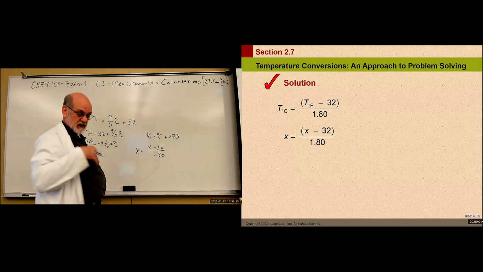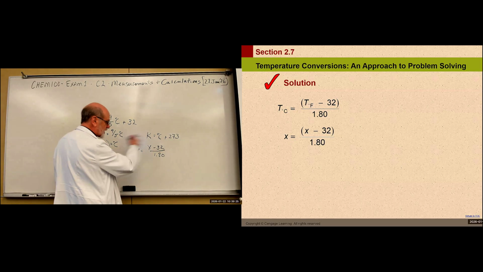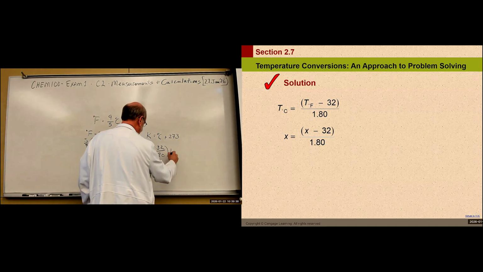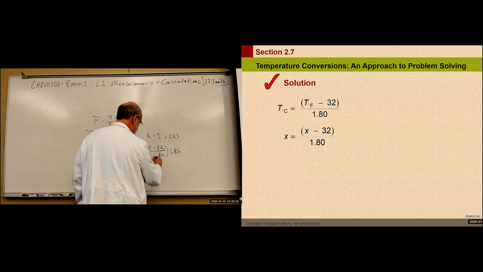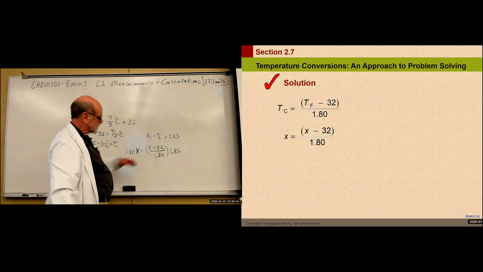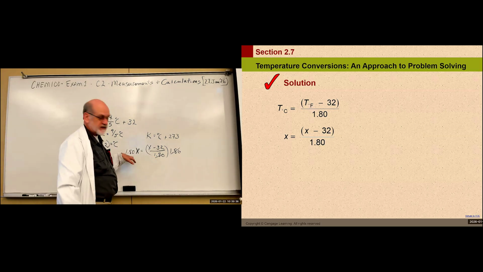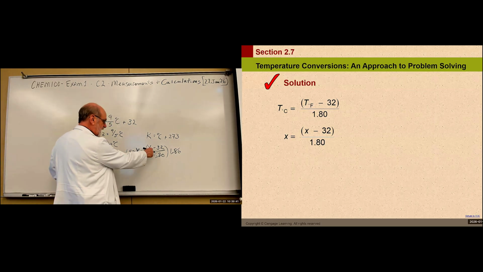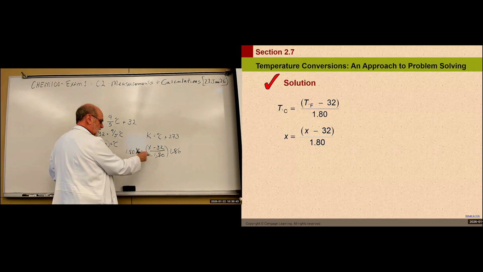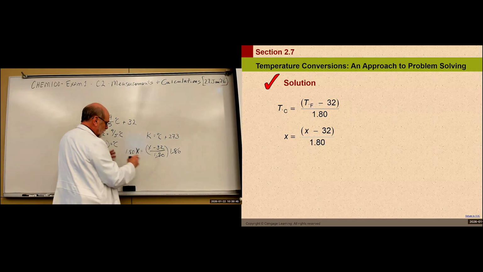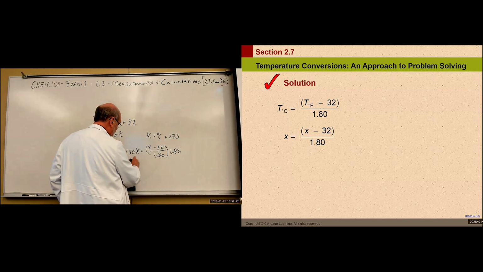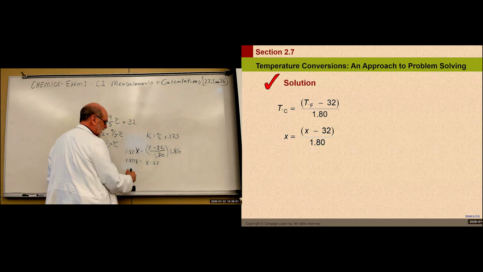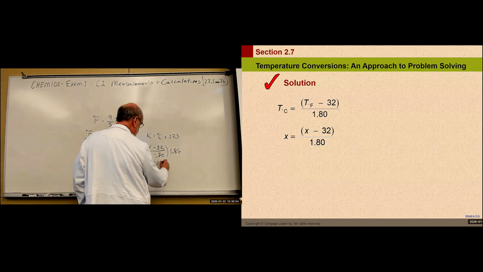The long way to do it is to multiply both sides times 1.8. That cancels this one and puts it over here. Notice that in the denominator over here, it's in the numerator over here. Then we want to get this X over here. So 1.8X equals X minus 32. We would say subtract X from both sides.